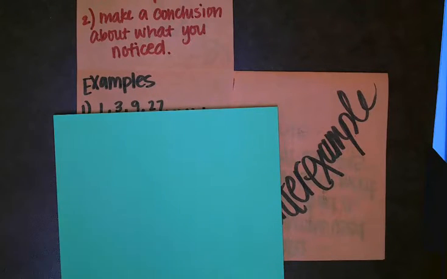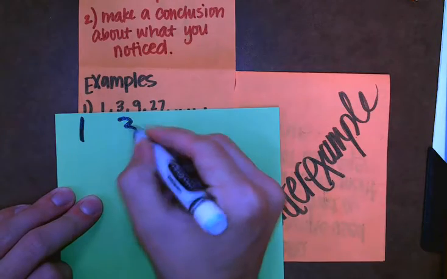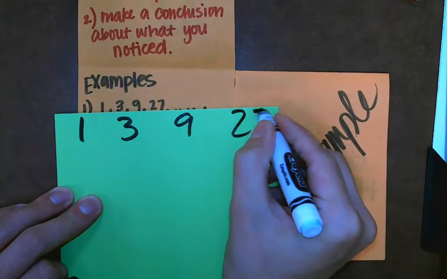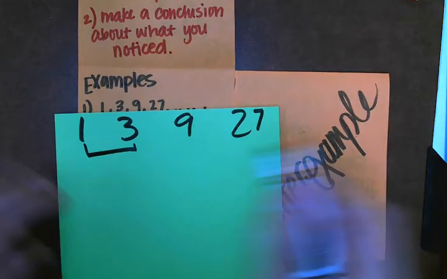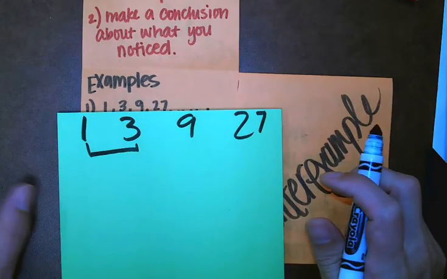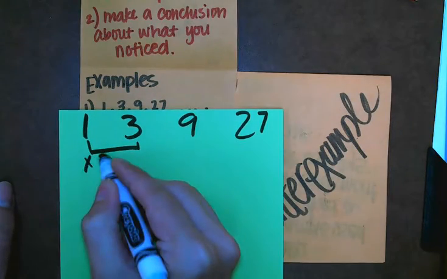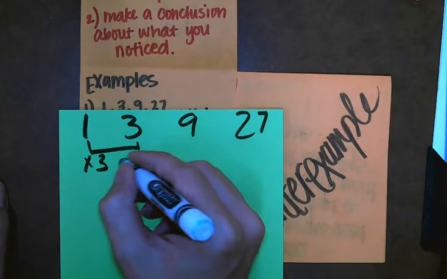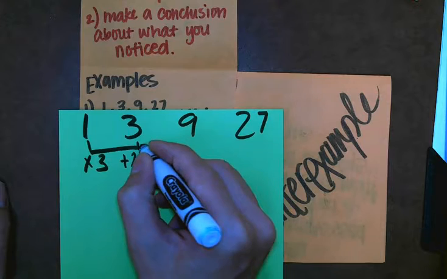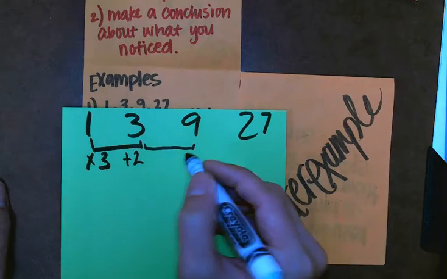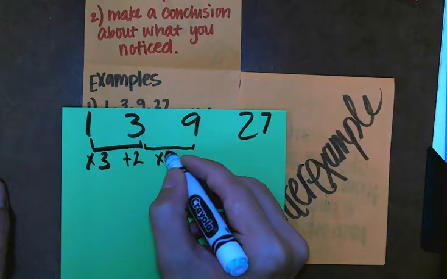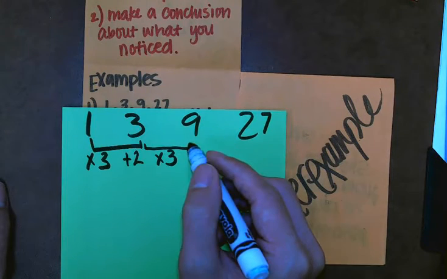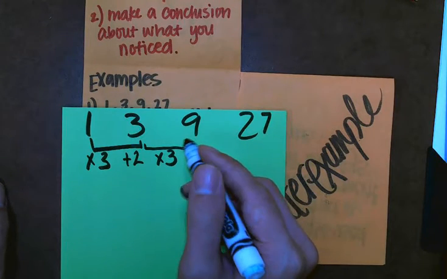All right, let's think about this. We have a 1, a 3, a 9, and a 27. So from 1 to 3, how did we get from 1 to 3? Times 3. What's another way to do it? Plus 2. Okay, let's go from 3 to 9. Times 3. Can we add 2 to it? Plus 2 would be 5.